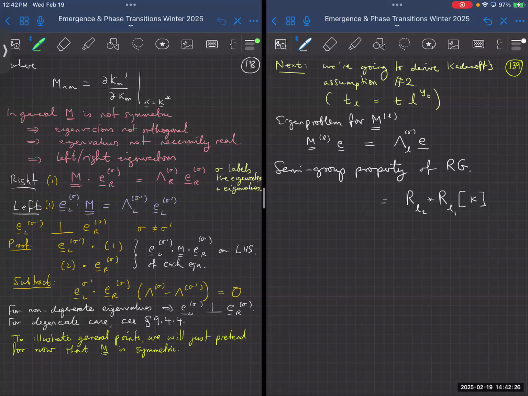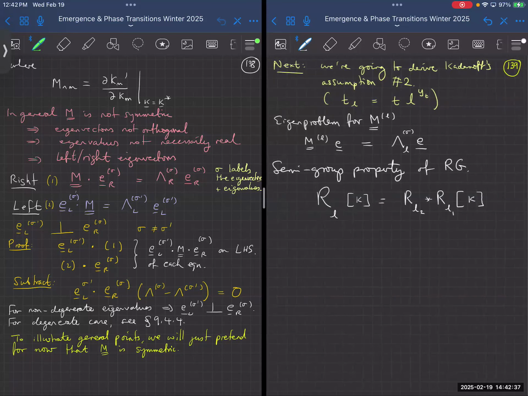And that's going to end up being as if we had just taken our initial vector of coupling constants and done a renormalization group transformation by the amount L1 times L2. So that's what I call the semigroup property. It just says I scale by L1, then I scale by L2, I've scaled by L1 times L2.